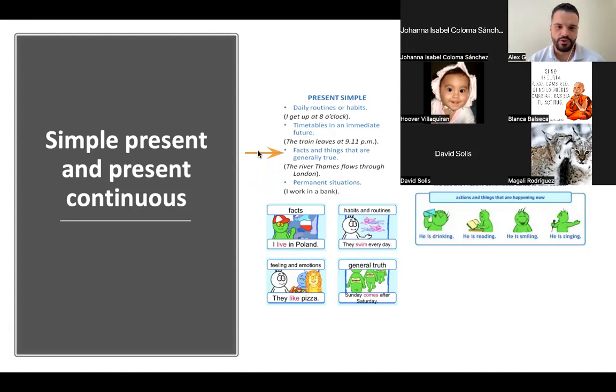So we have two more. So now it's daily routines, timetables, facts, general truth, or permanent situations. For example, Magali, can you read this example we have down here?